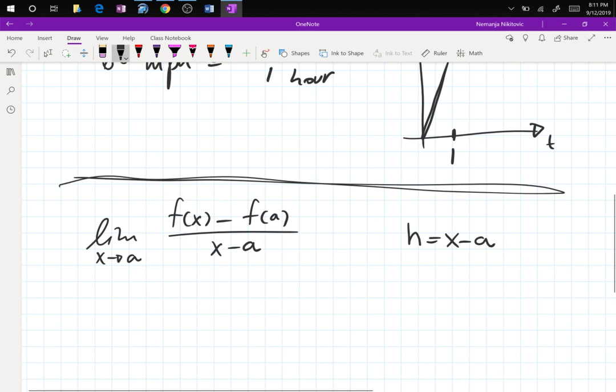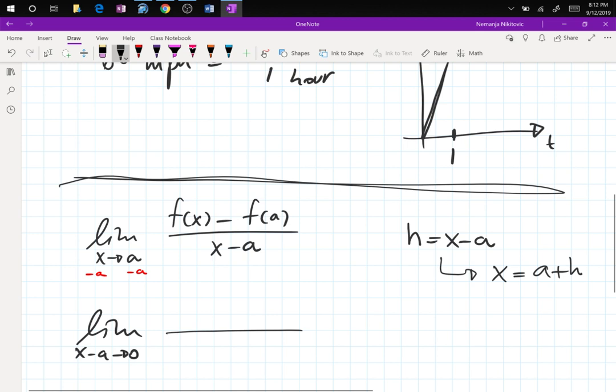Cool? Of course, math, right? So I'm going to subtract a on the limit side, and I get the limit as x minus a goes to 0, because a minus a is 0. When I solve this for x, I get that x is equal to a plus h.